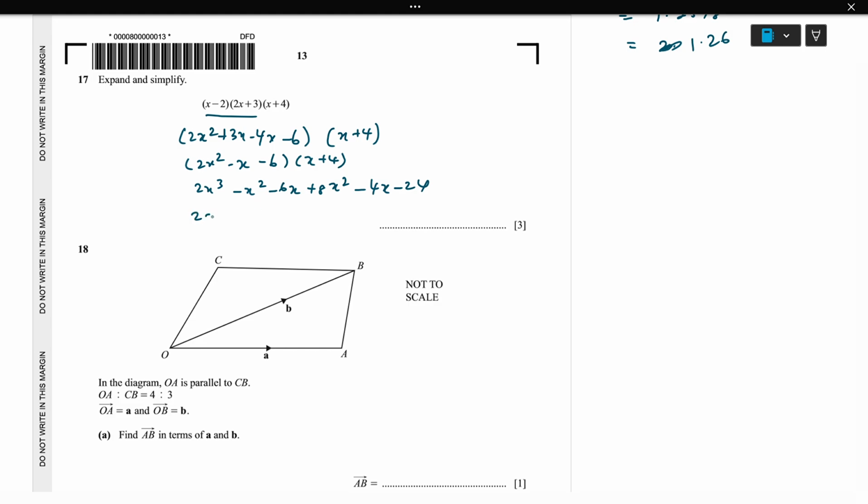Simplify: 2x cube, 8x square minus x square becomes 7x square, minus 4x minus 6x becomes minus 10x, minus 24. So the answer is 2x cube plus 7x square minus 10x minus 24.